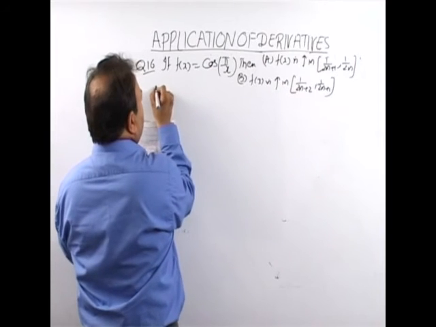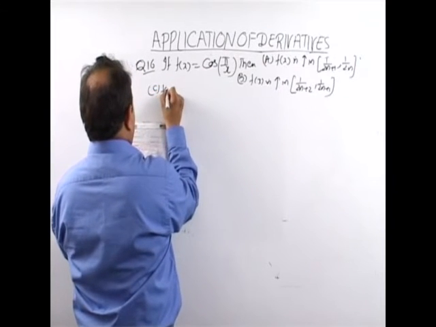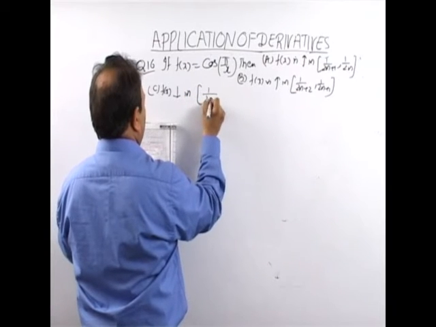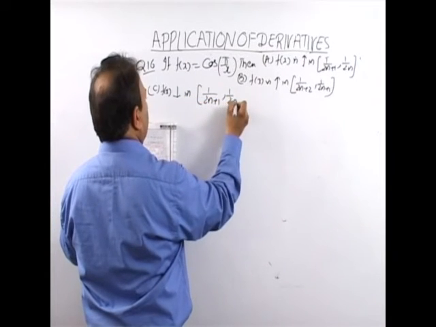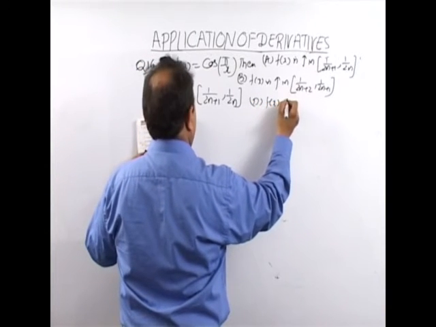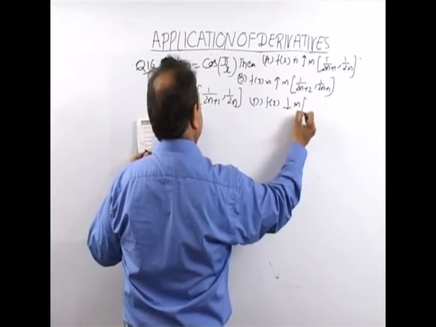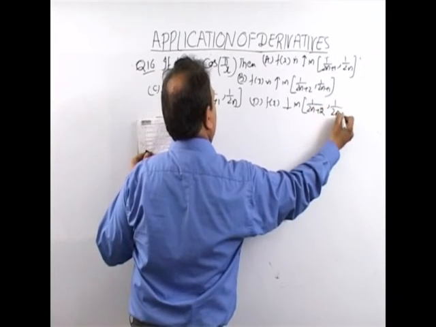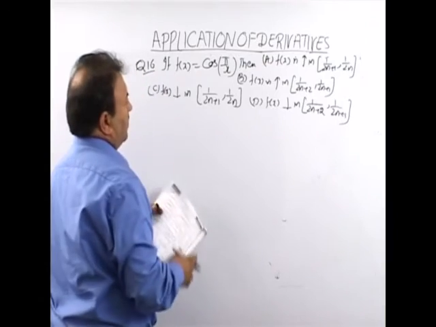C option is: f(x) decreases in (1/(2n+1), 1/2n). And f(x) decreases in (1/(2n+2), 1/(2n+1)).